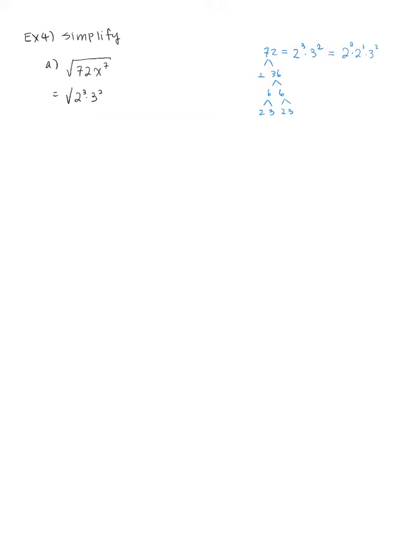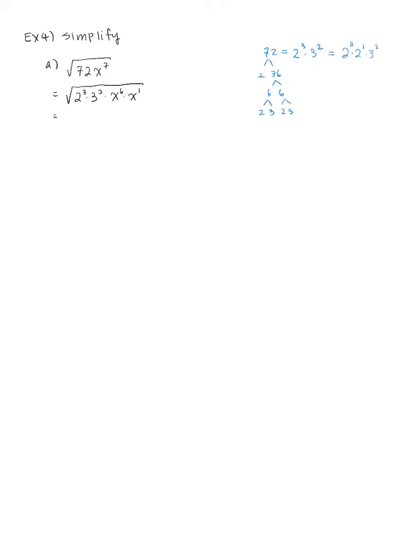So I'm going to use the same trick as what we did in the previous example. What is the biggest number before 7 that's going to be divisible by 2, because we're given a square root? So that will be 6. So here I'm going to break this off into x to the 6 times x to the first.